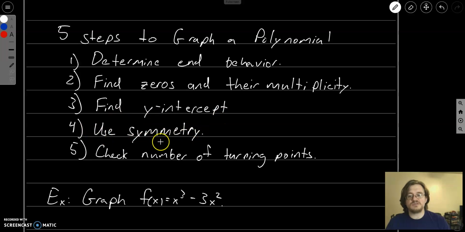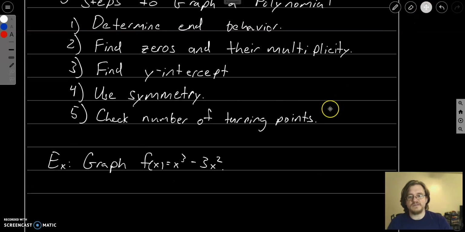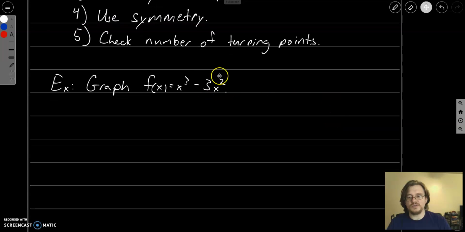We can use symmetry to determine if this is going to be an even function or an odd function, whether it's symmetrical about the y-axis or has rotational symmetry. And then the last thing that we can do is just check the number of turning points. So in the final video, I will go through this function, and we will graph this without having to plot 1,000 points.